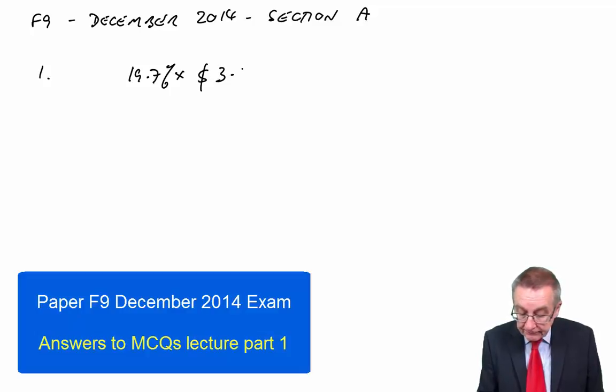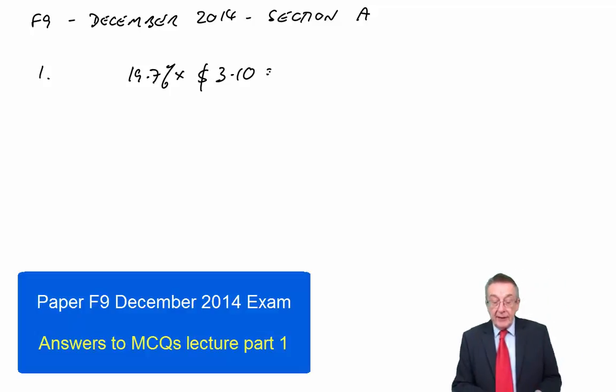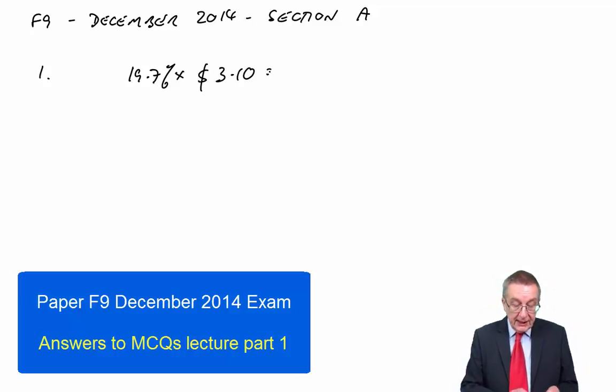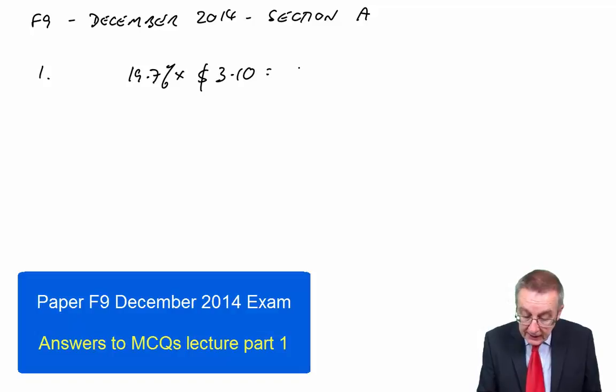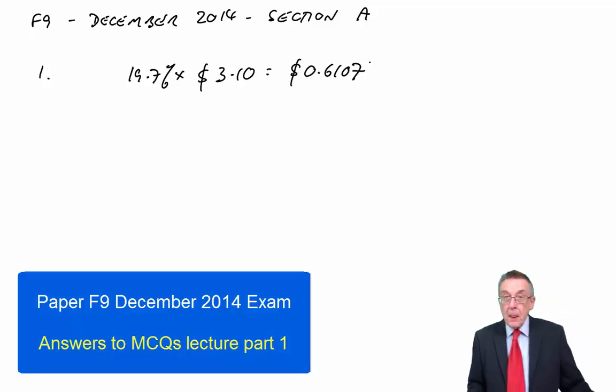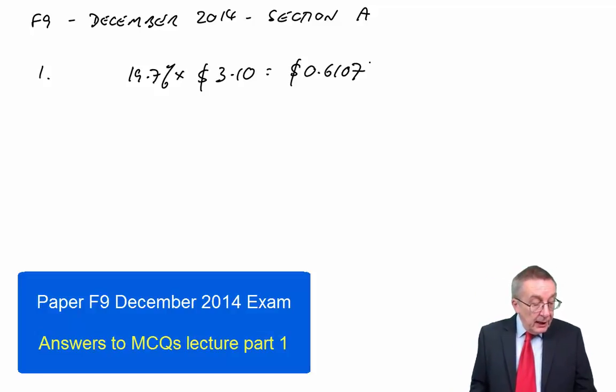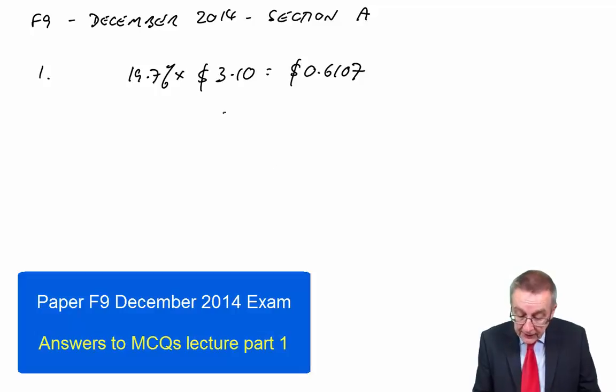And so the total they'll have had over the year, 19.7% of $3.10 is 0.6107. That's the total return they'll have had. Well, they've just had a dividend of 21 cents.